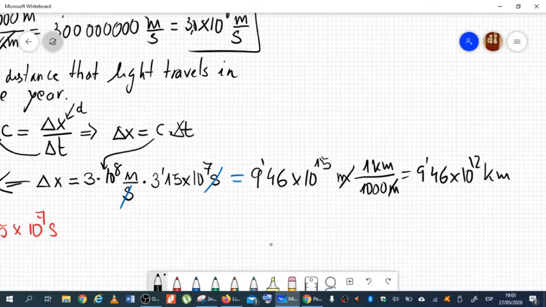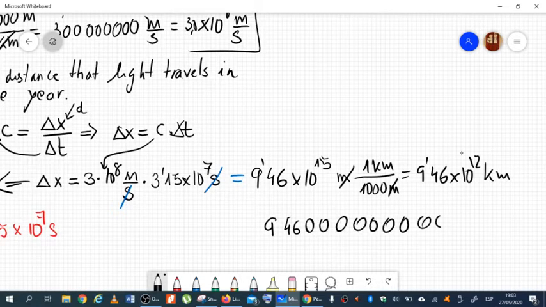So in 1 year, light travels a distance of this number. Imagine, 9.46, and I will write many zeros.